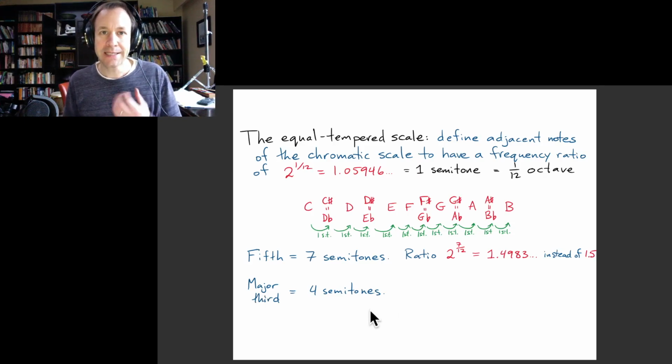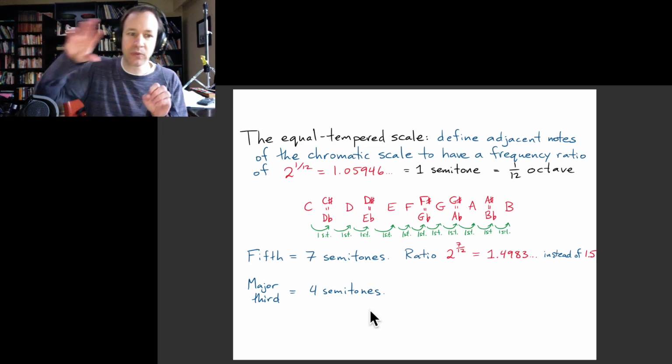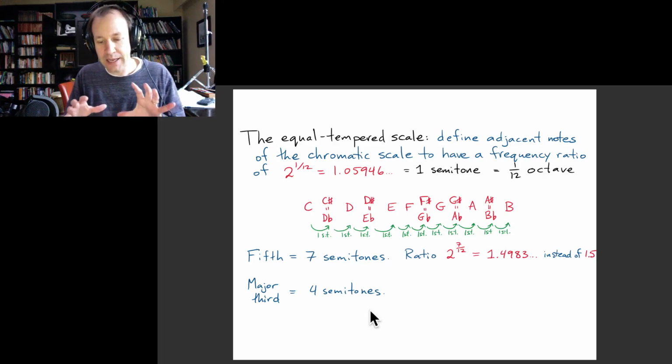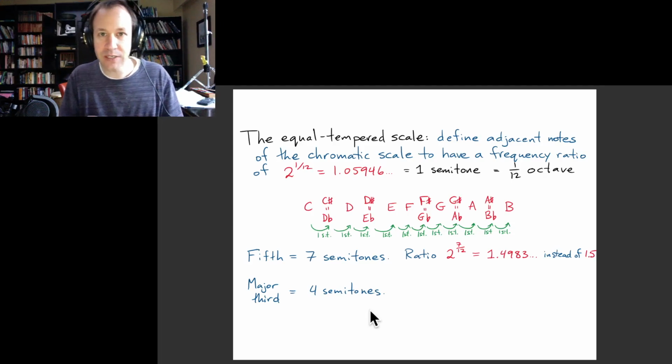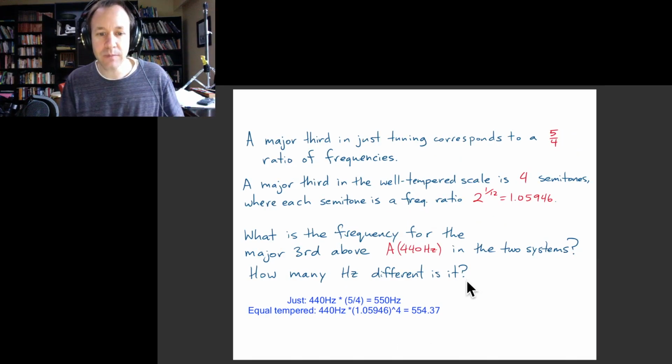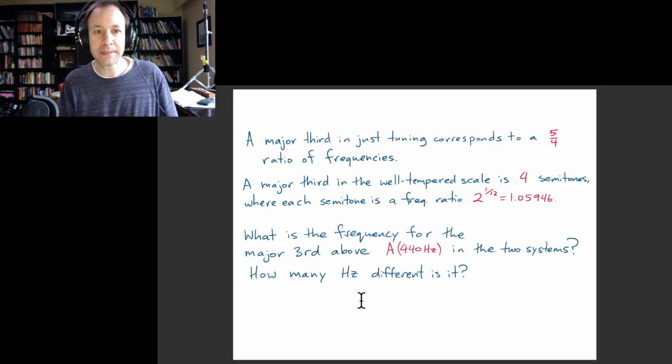So it's an interesting exercise to work out the difference between the major third as we defined it before, that was a 5-to-4 ratio of frequencies, and the major third as it's defined in this equal tempered scale. I want to give you that problem to think about briefly.